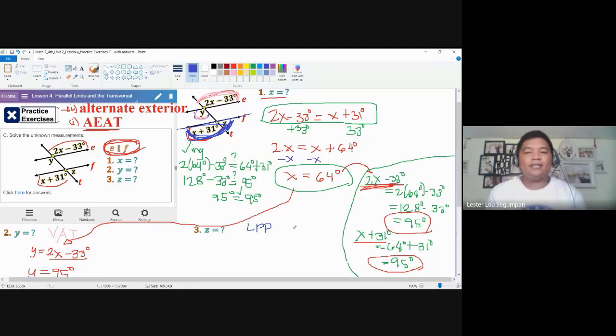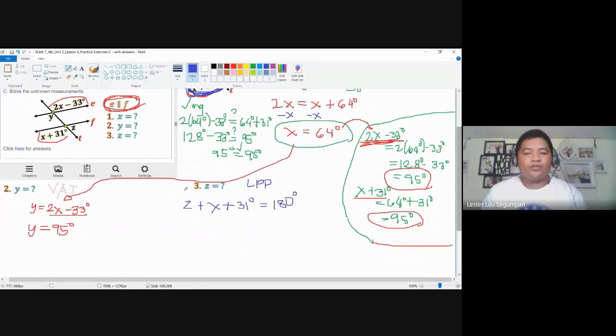Supplementary means if we're going to add their measurements, they must yield 180 degrees. So with that statement, if we're going to add their measurements, they must sum up to 180 degrees. Okay? We have already solved the value for this.